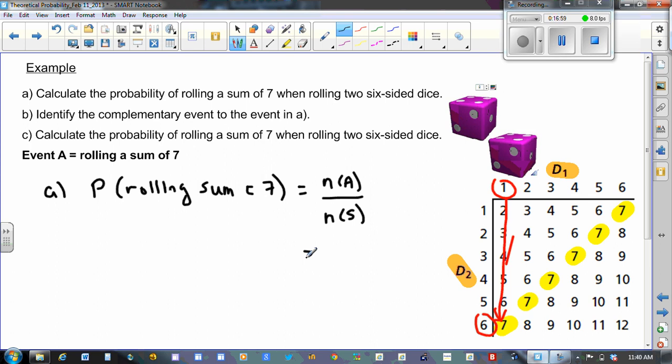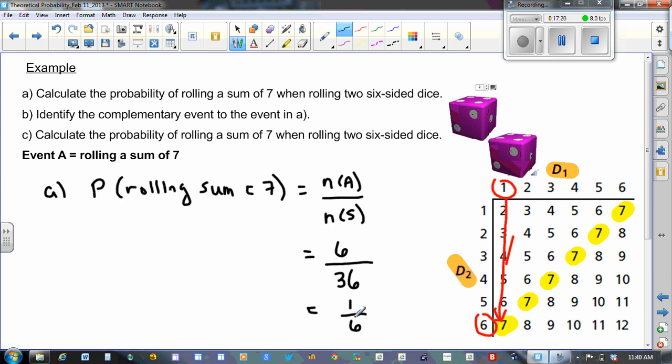So we have 6 elements in the event space. And if you count them all up, we have a 6 by 6 grid, right? So 6 by 6, we have 36 elements there. So probability would be 1 on 6.